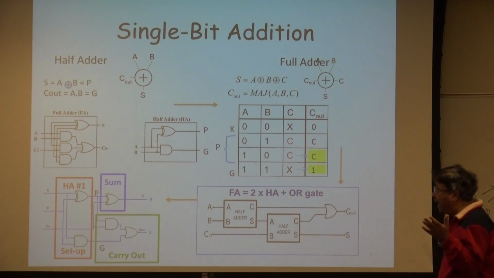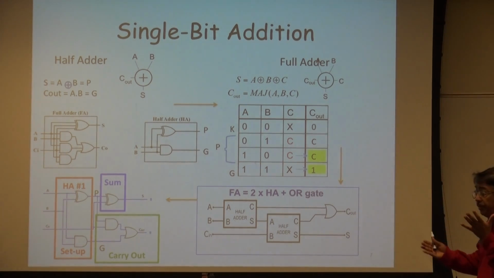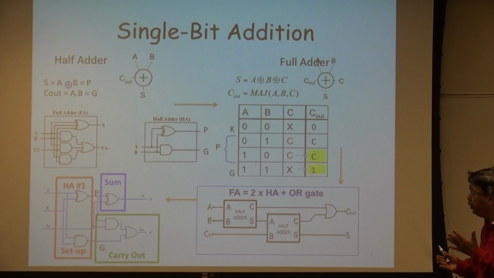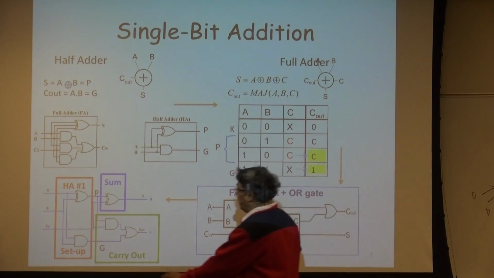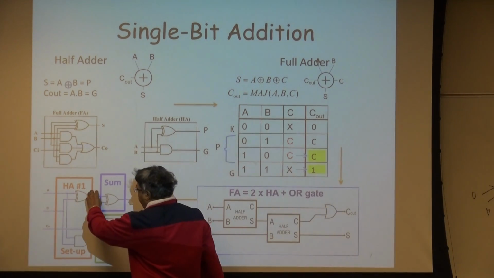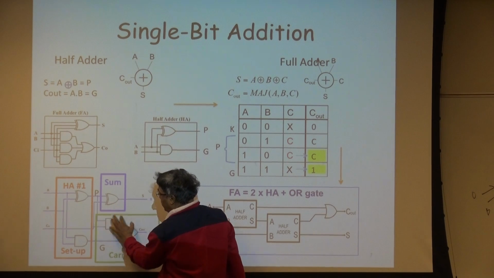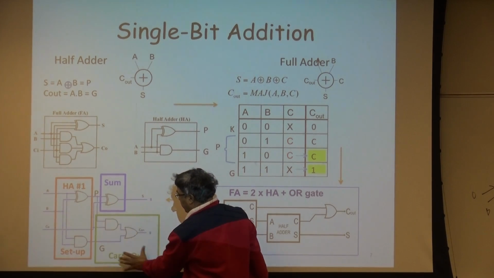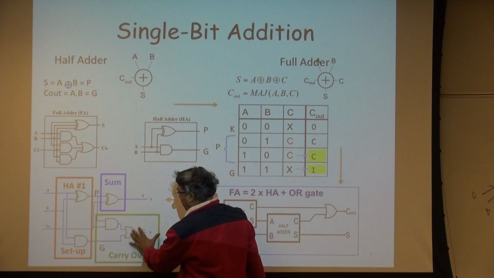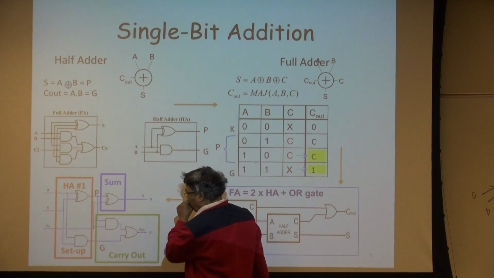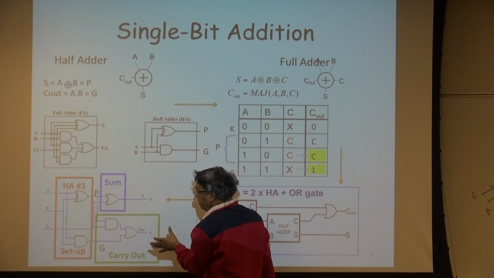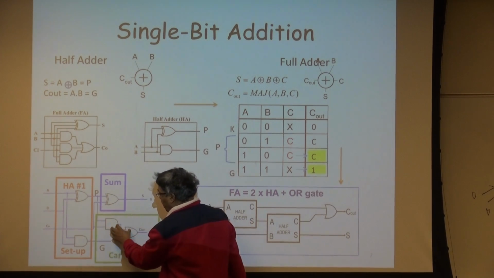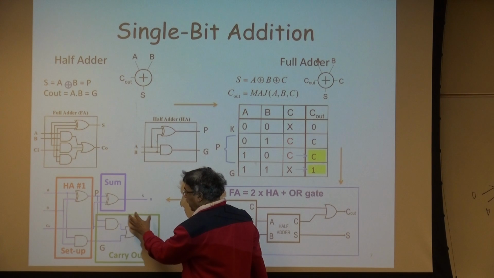So what I did now is that I'm trying to see the overlapping of signals. By generating the propagate function and feeding the propagate functions into the carry out logic, I'm able to now reduce the carry circuitry.